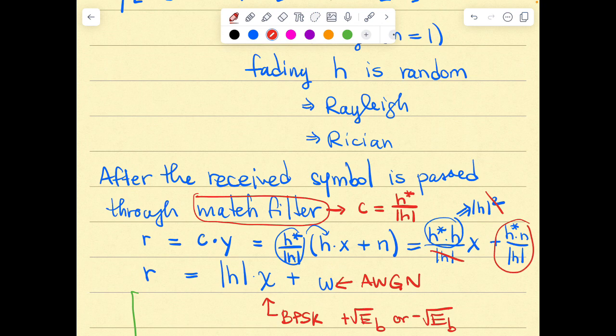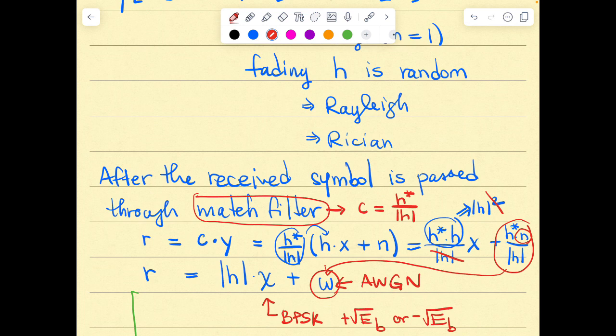And remember, noise is again a random variable. We multiply with h conjugate divided by the magnitude. It doesn't really change the nature of the noise. It's still additive white Gaussian noise, but we're gonna change the variable from n to w.